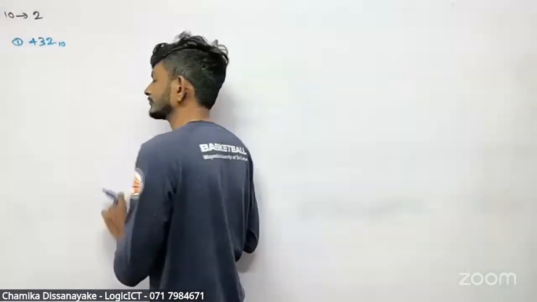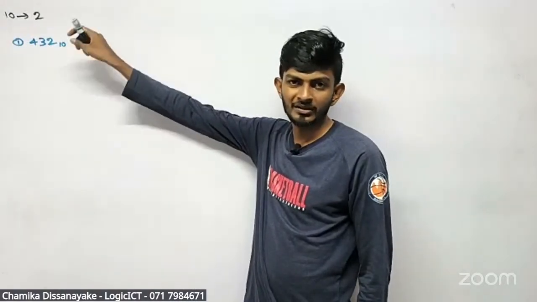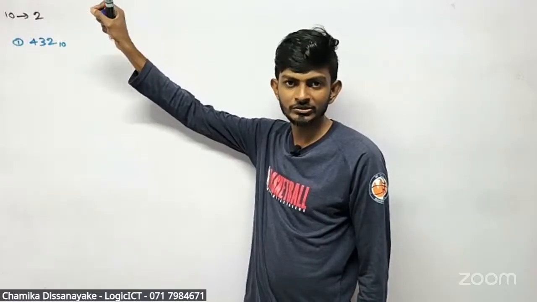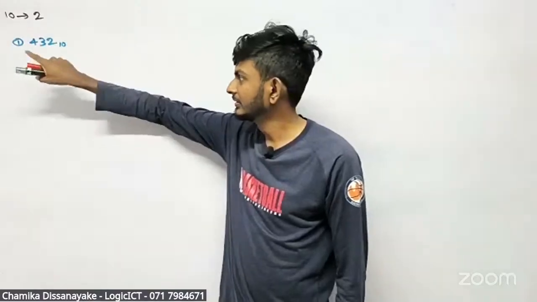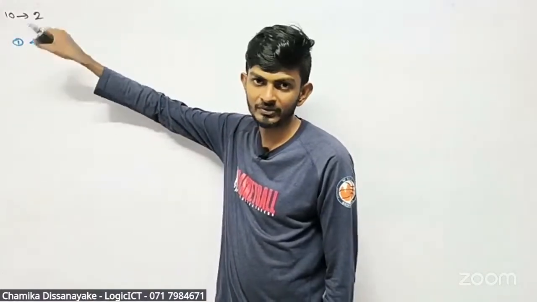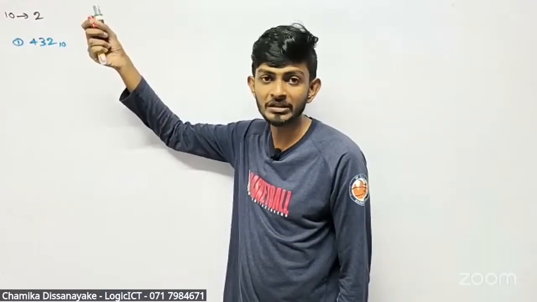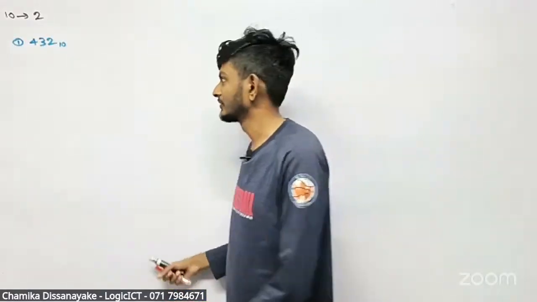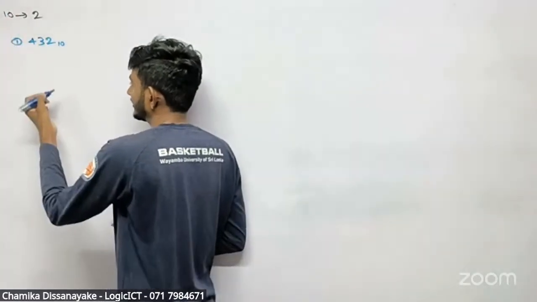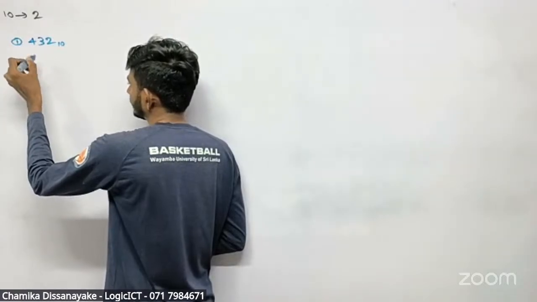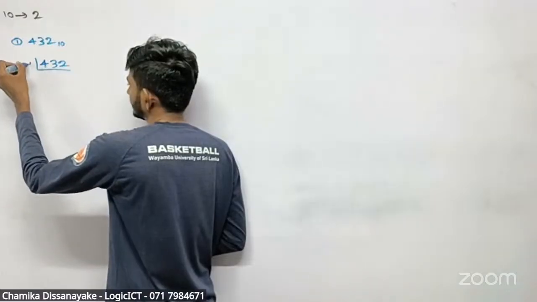When we have a decimal number and we want to convert to any base, we have to divide the decimal number by the base we want to convert to. Here we want to convert to second base, that means binary. So we just divide this number by 2.